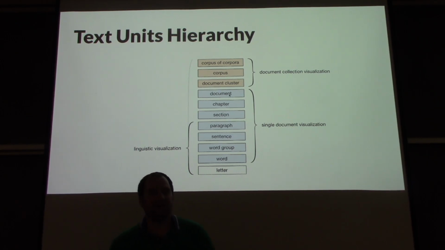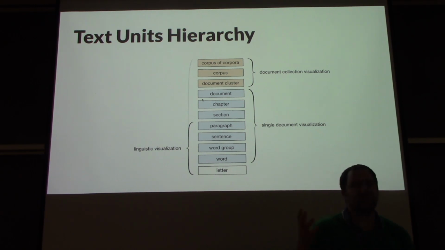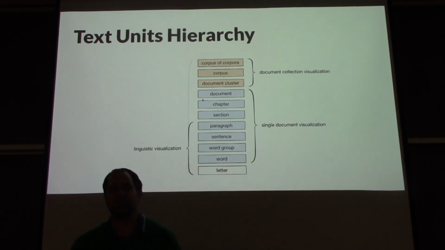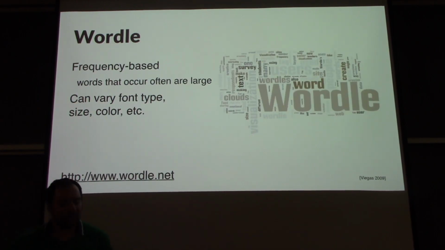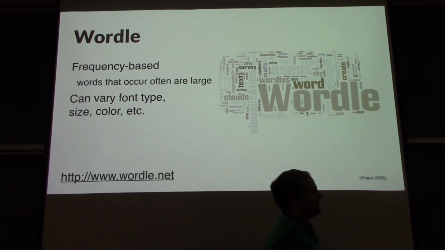And if you want to understand what this collection of documents in the Library of Congress means, then you probably want some higher level representation of what types of documents are there and so on. On the text level, the Wordle is probably one of the most popular text visualizations out there.